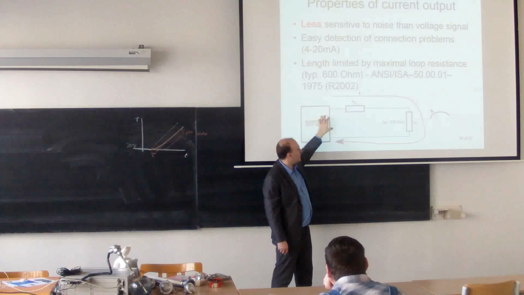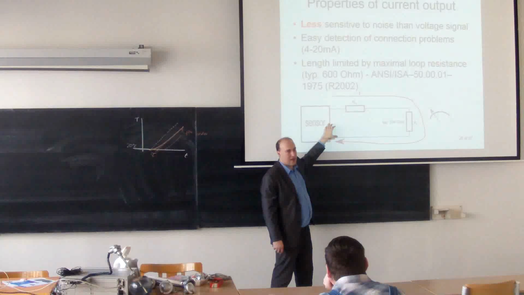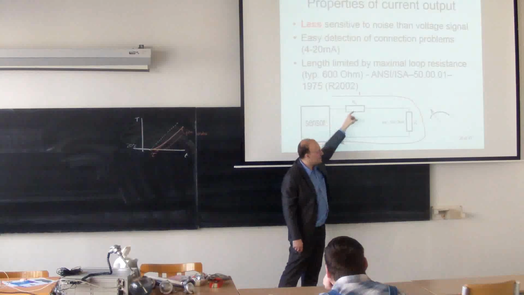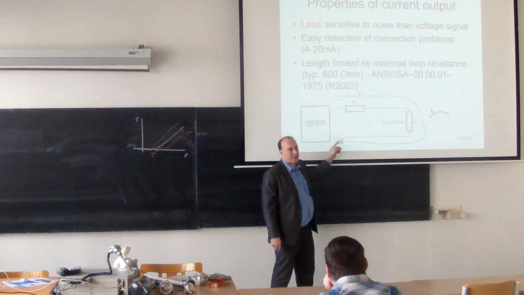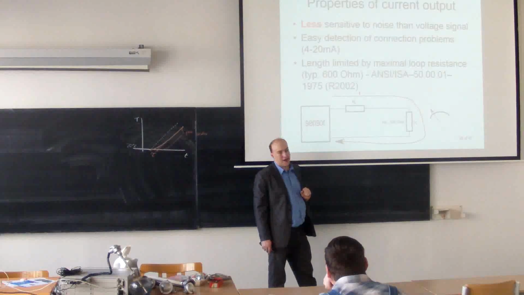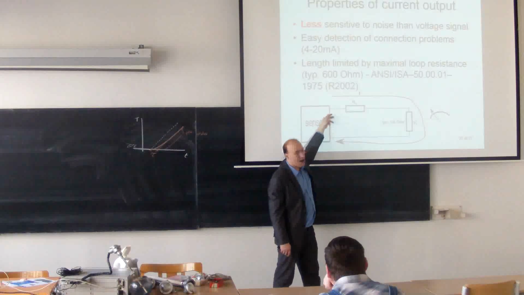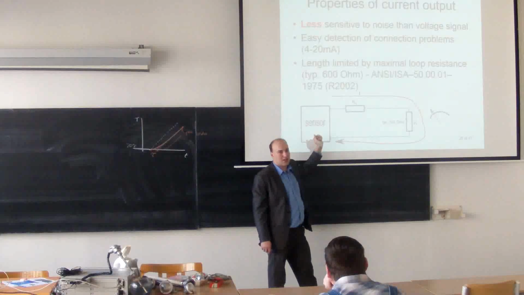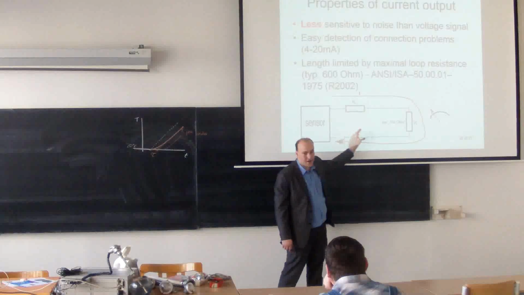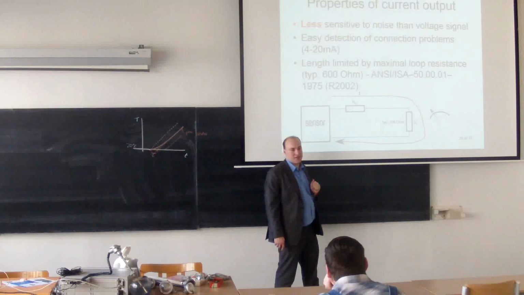So typically, there is a current controller built into the sensor, and it maintains a constant current. If I use longer wires, I need to have a higher output voltage if I want to have a constant current. So the longer the wire, the higher the voltage at the output of the sensor.